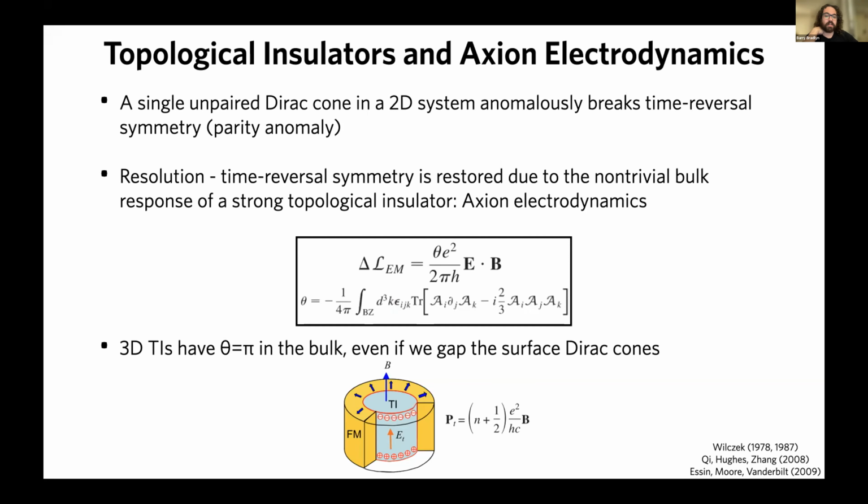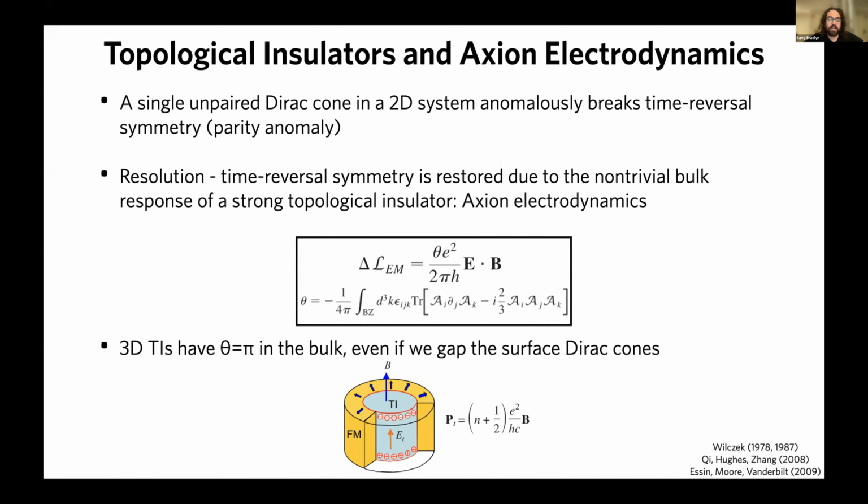And that's when theta equals 0 or when theta equals pi. When theta equals 0, we just have a trivial insulator. But when theta equals pi, we have a topological insulator. The bulk of the system has theta equals pi. This restores time reversal symmetry on the surface with a single unpaired Dirac cone.